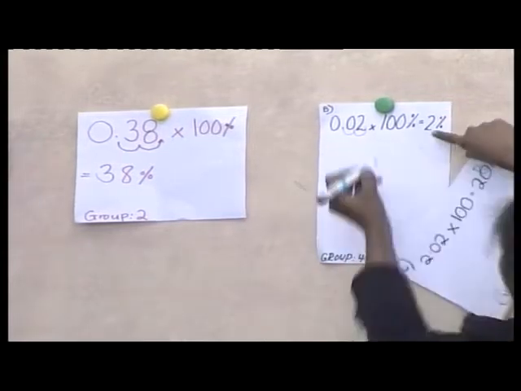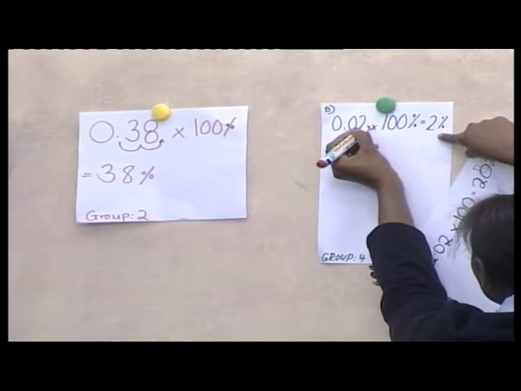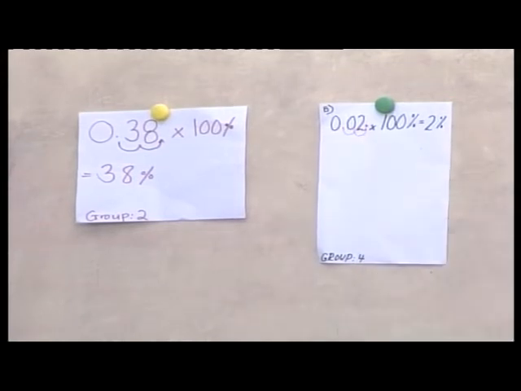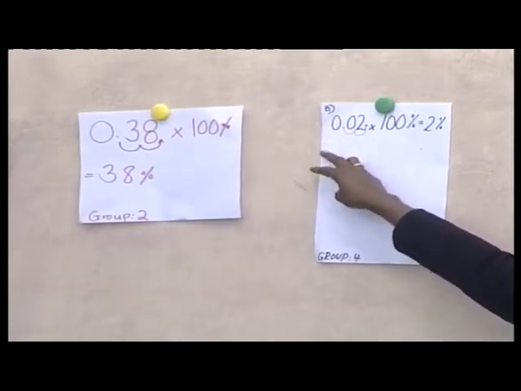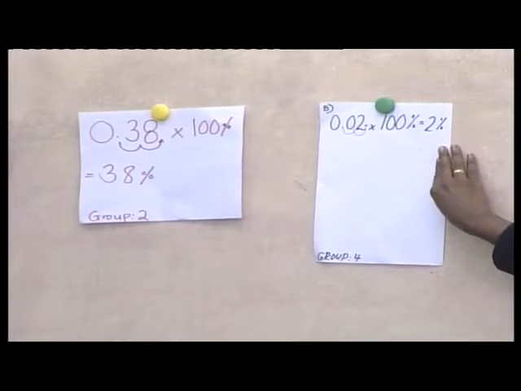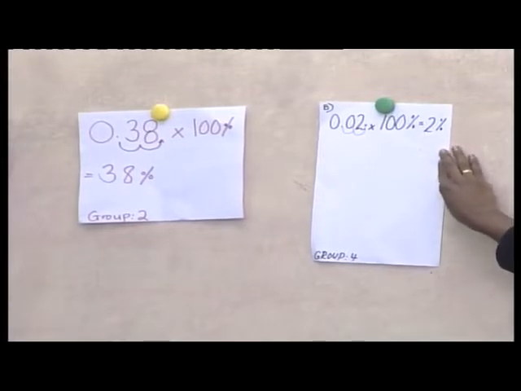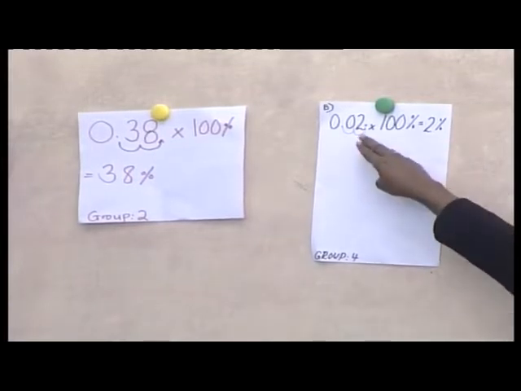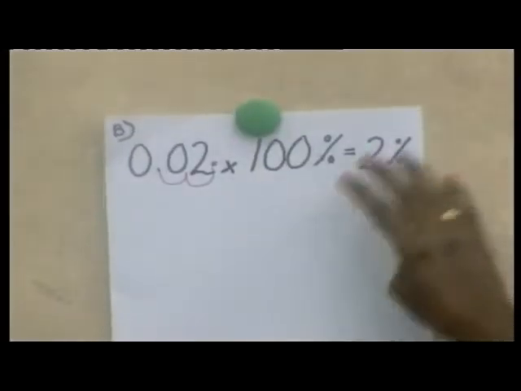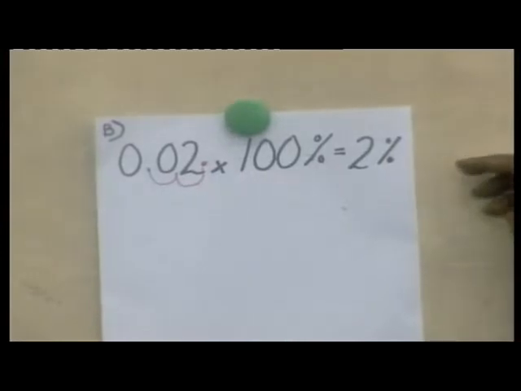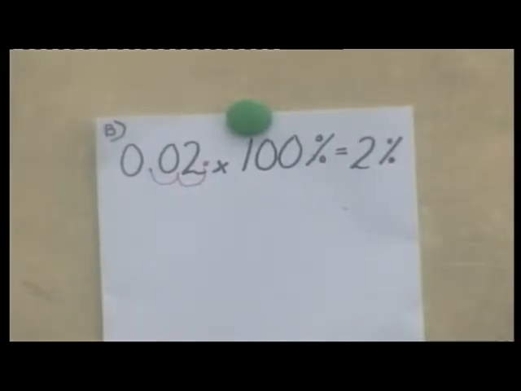My decimal point is now after 2. 0 has no value, so we can always leave out the 0. So the answer will remain as 2%. Or you can have 2.0%. But because we are dealing with percentage, it will remain as a whole number as 2%. So thank you, group 4.